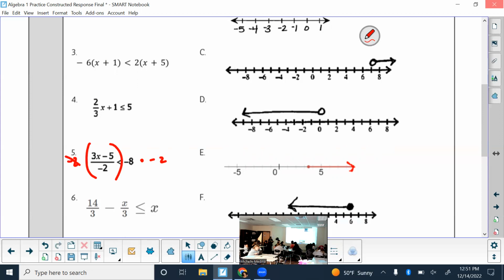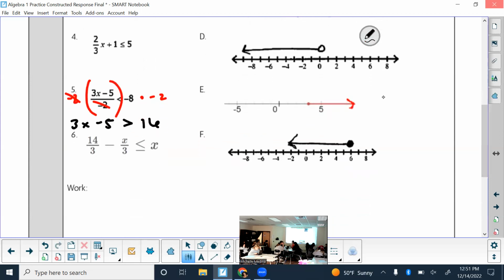So now this cancels. I have 3x minus 5 on the left. Do I need to flip the sign? Yes, because I multiplied by a negative, so you flip the sign. And then what's -8 times -2? Positive 16.